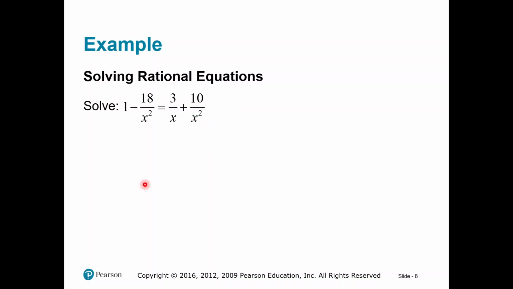Once again, the first thing is LCD. I have x squared and x only in the denominator. And so the LCD is x squared. Again, I want the x squared because that will be bigger than x and the same as x squared. Okay.